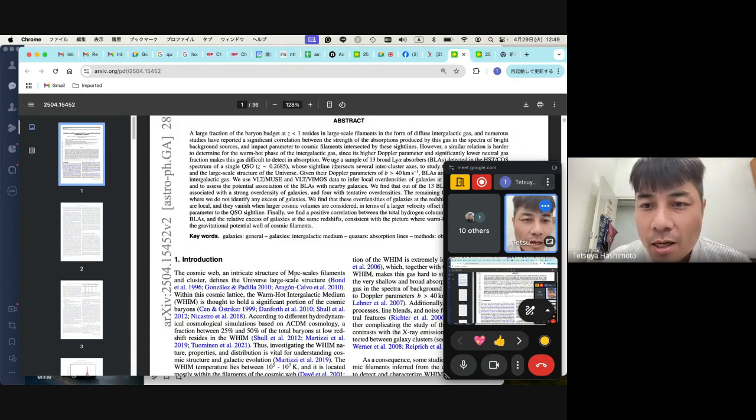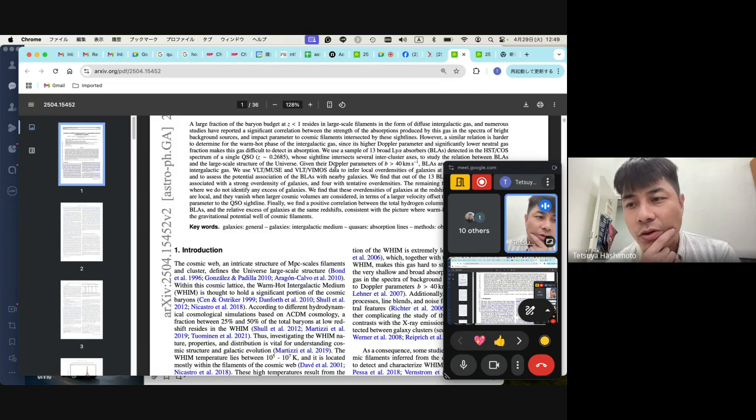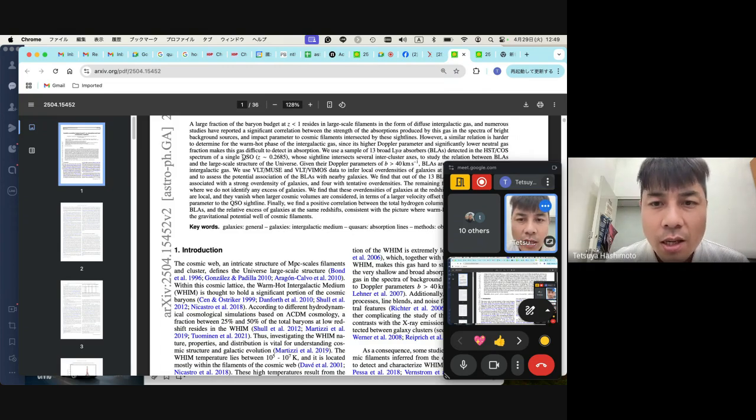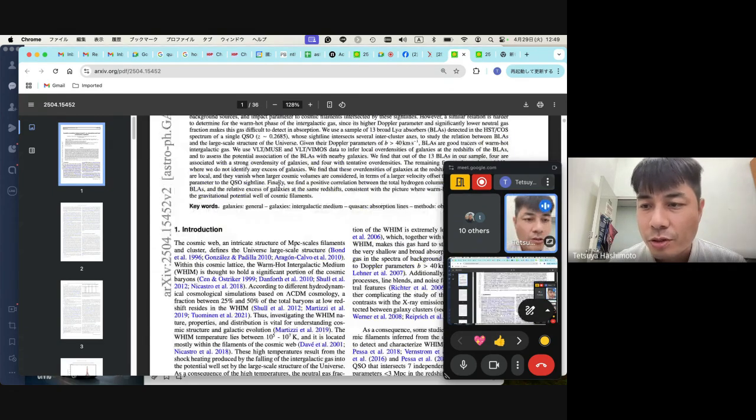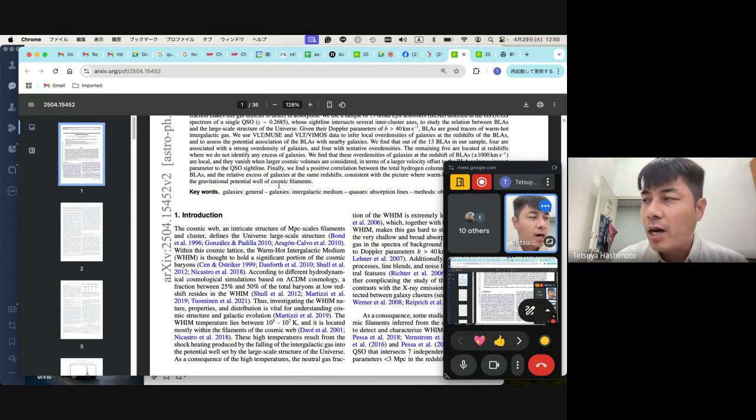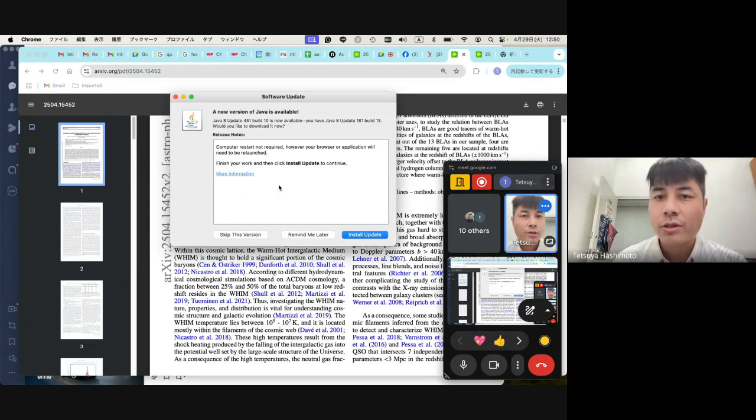And maybe the interesting thing is they use only one quasar for this study. They select this quasar, actually at very low redshift, around 0.26, and use the spectrum data of this quasar. In this spectrum there are a lot of absorption systems, right? They try to relate these absorption systems with the number of surrounding galaxies at different redshift.